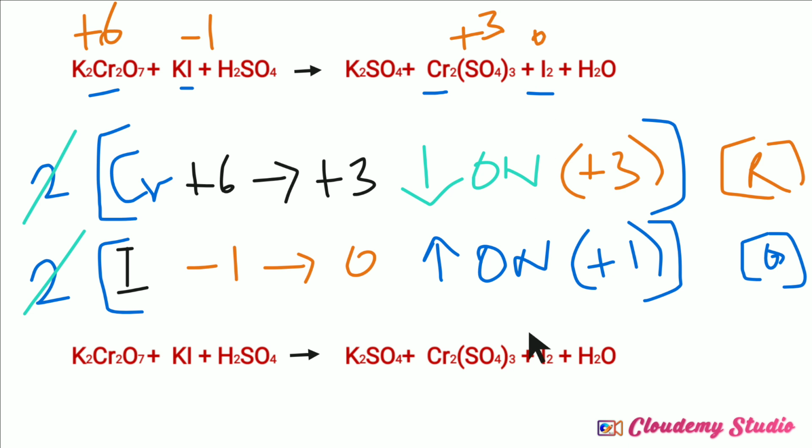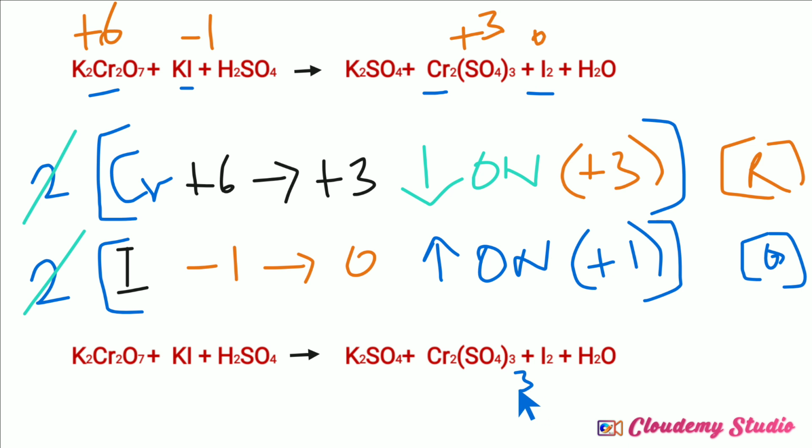So let's multiply here. Iodine has to be multiplied on the right hand side by 3 times. I am writing at the bottom, 3 I2. So when we write 3 I2 at the right hand side, on the left hand side when we check, only 1 iodine.